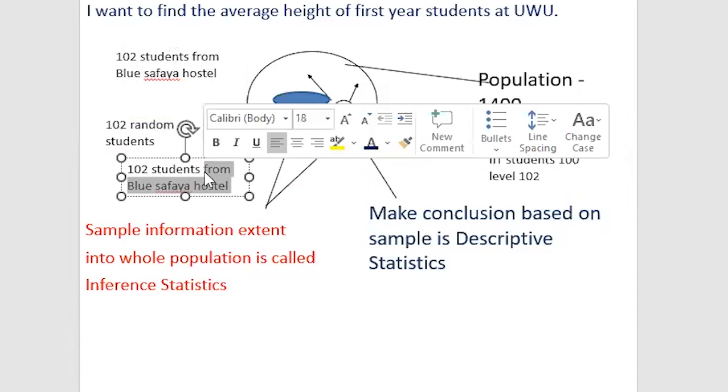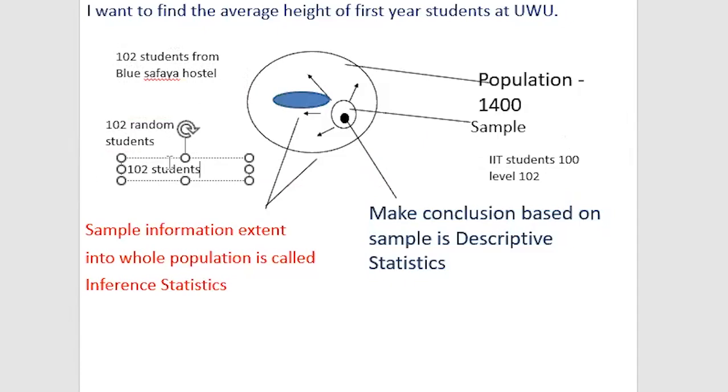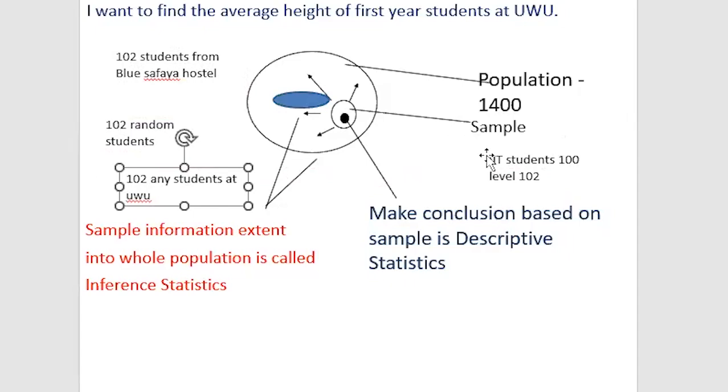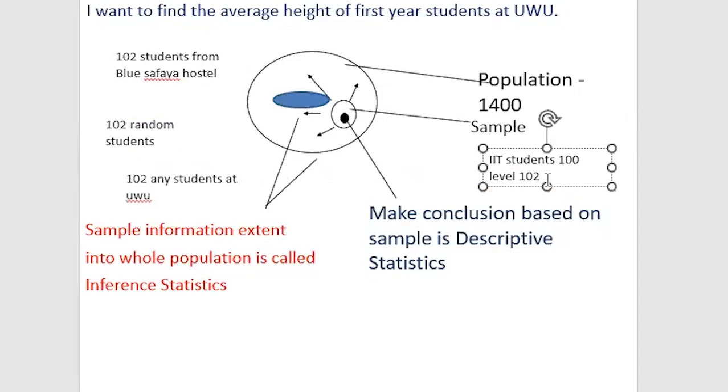Any 102 students at UW. There are 4 types of sample. Here, say sample 1.